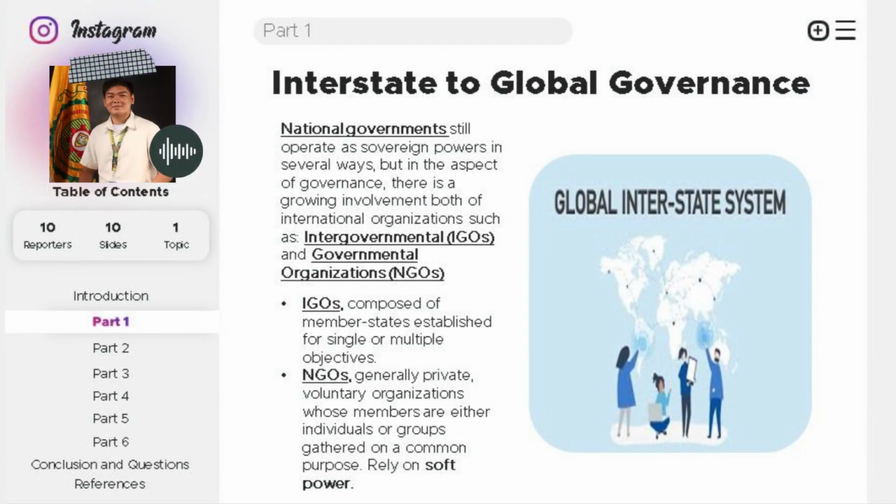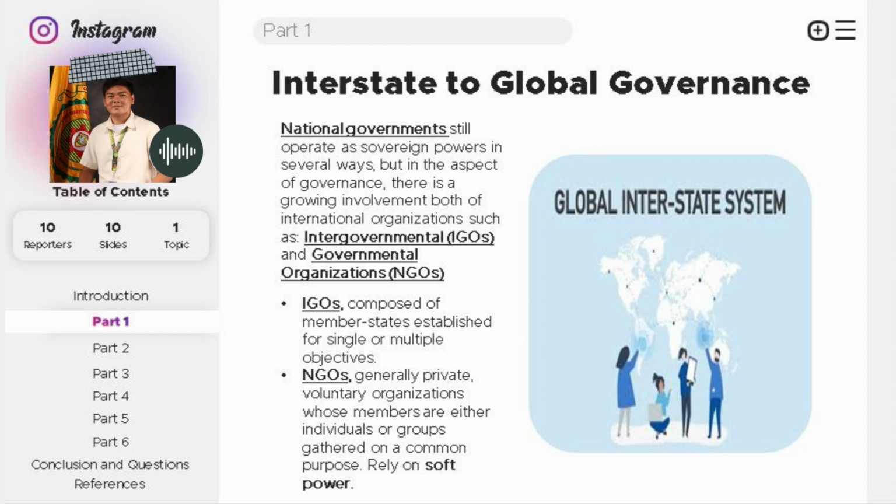Interstate global governance. National governments still operate as sovereign powers in several ways, but with the growing involvement of international organizations, both intergovernmental and non-governmental. IGOs are composed of member states established for single or multiple objectives. NGOs are generally private, voluntary organizations whose members are either individuals or groups gathered for a common purpose, and they rely on soft power.